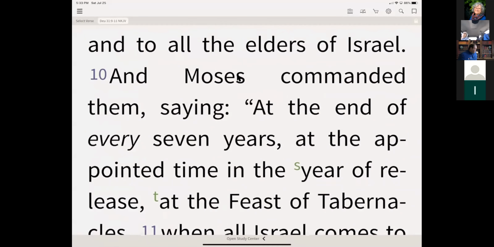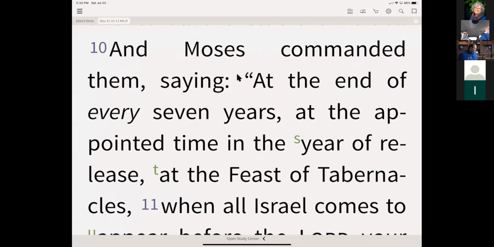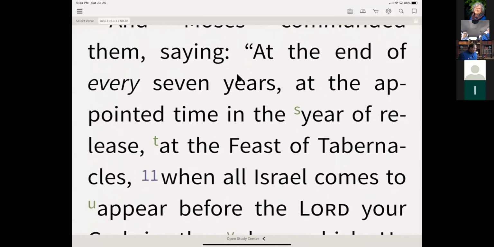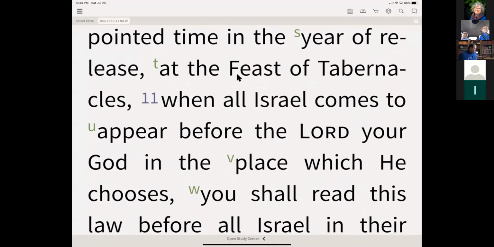Moses commanded them, saying, at the end of every 7 years, at the appointed time, the Feast of Tabernacles, and so forth.